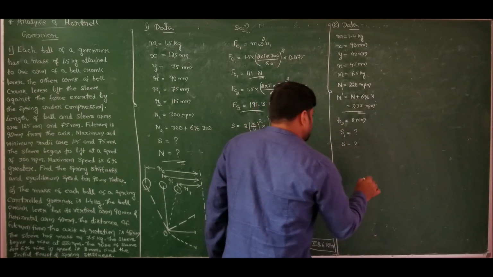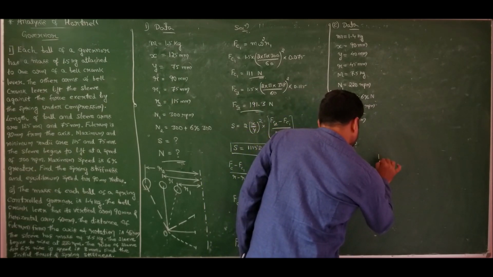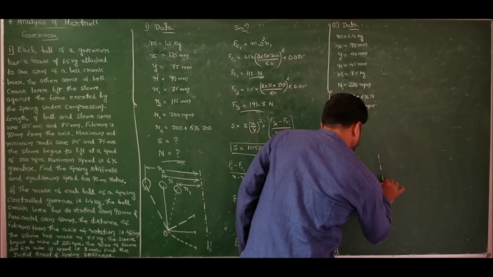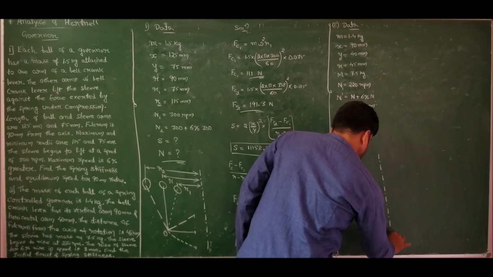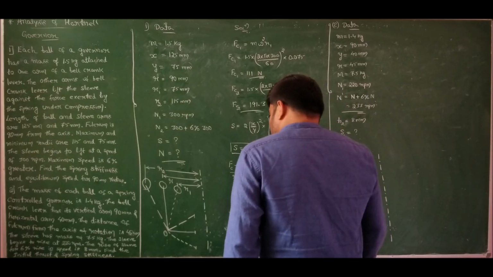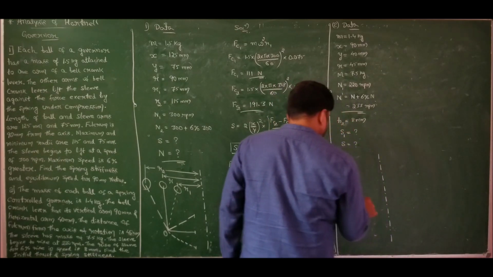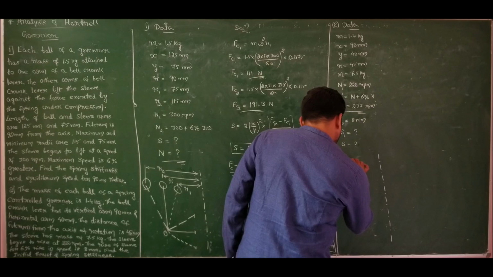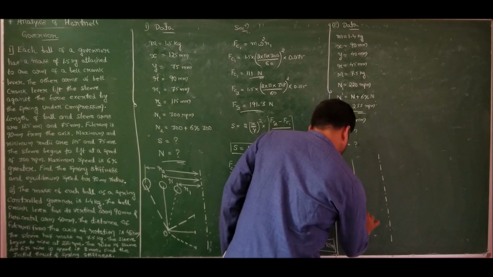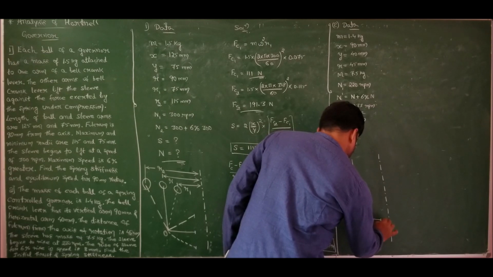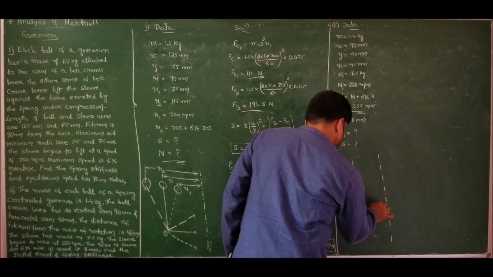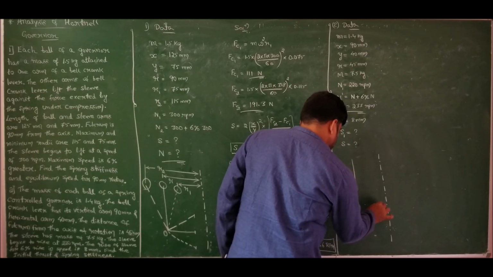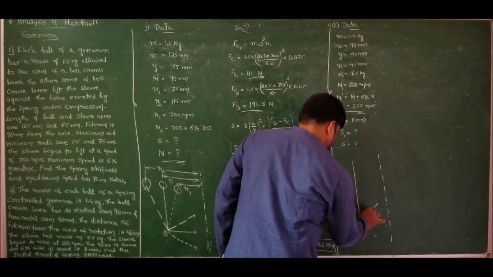Now if I draw the line diagram for this Hartnell governor problem, we have the axis of rotation like this, and we have the mean position specified as the fulcrum, and the sleeve is moving 8 mm upwards.